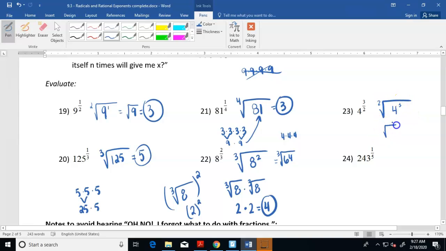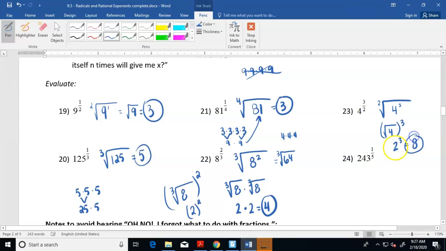If we write that square root, I don't have to put the 2 because it's automatically a square root if you don't put it. So square root of 4, and I could put this to the third on the outside. What is the square root of 4, Hayden? 2. So 2 to the third would be 2 times 2 times 2. It would give us 8 there.